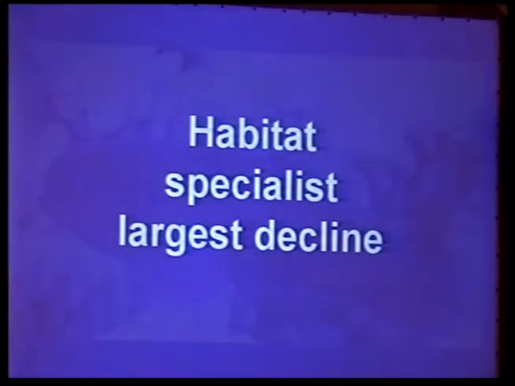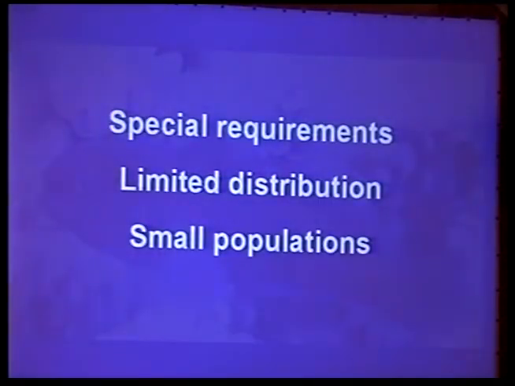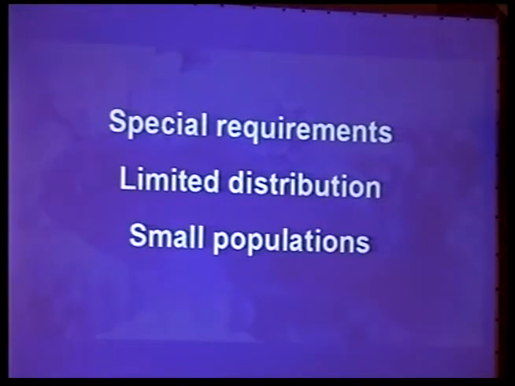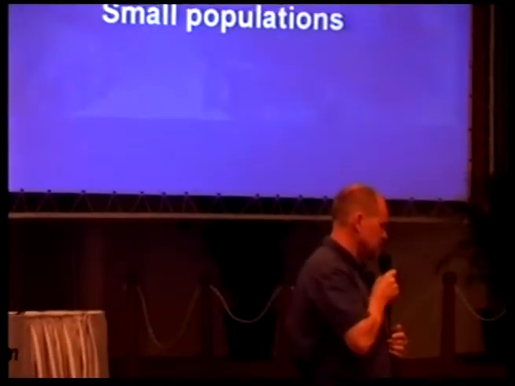Here there was a habitat specialist that was where you found the largest decline. And that's a little bit of a worry, because some of these species were even more specialized than the species we looked at in Tanzania or some other studies.